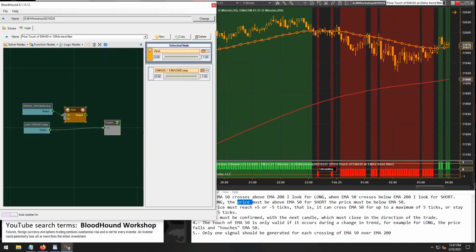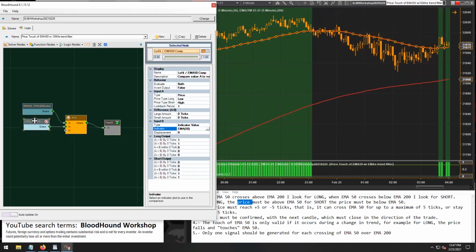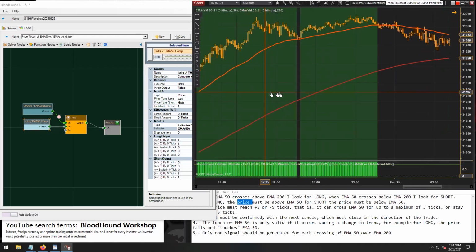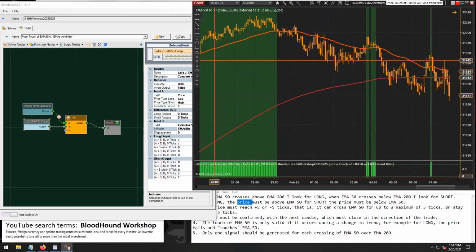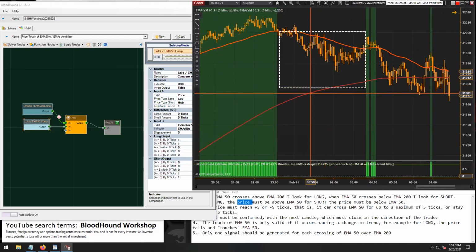So I can take the trend filter and combine it with the bar high or low condition. There we go. So we can see here we're in an uptrend.